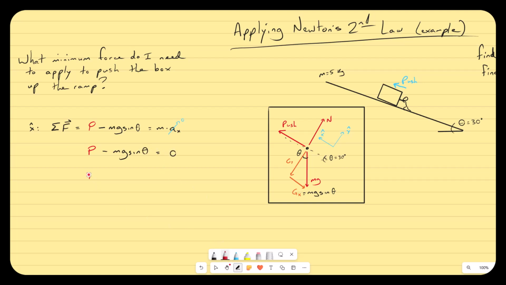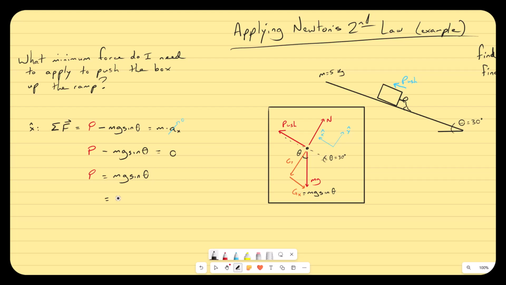My push force is equal to mg sine theta. If you like, what it really is, this has to be greater than instead of equal to, right? Any positive number will work. So maybe I'll write it that way. I won't. You're going to always see it as an equal sign.